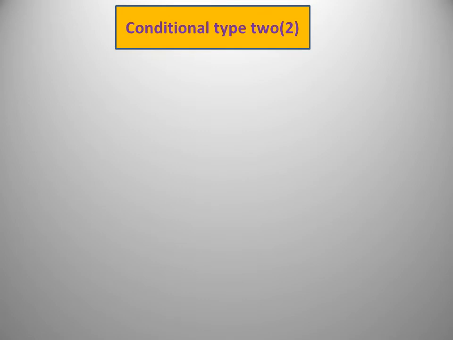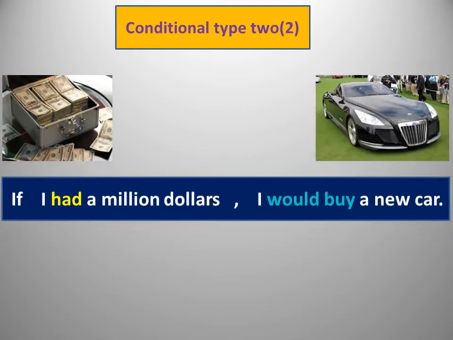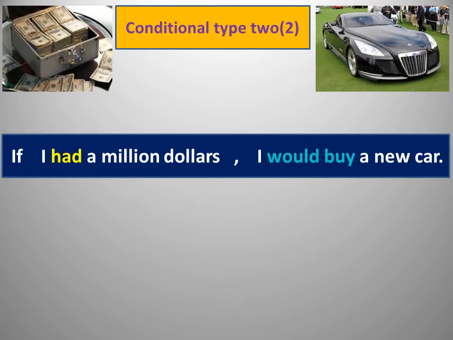Okay, now let's talk about conditional type 2. Let's have a look at this example. If I had $1 million, I would buy a new car.